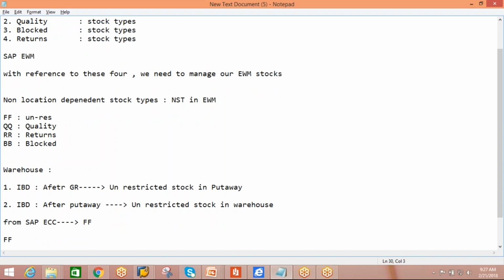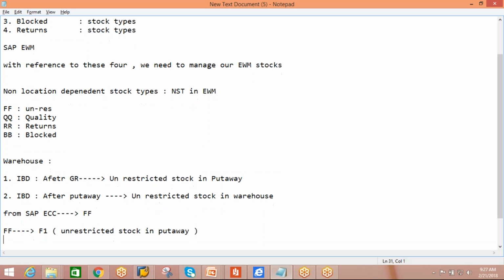This FF is turning into F1, unrestricted stock in putaway, or unrestricted stock in warehouse.